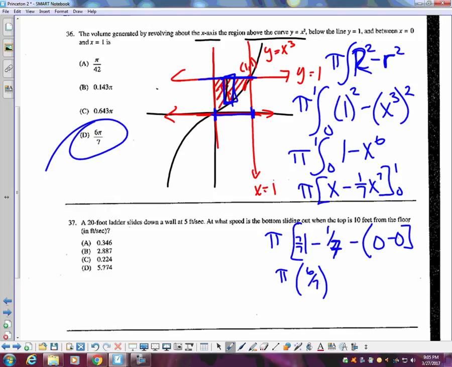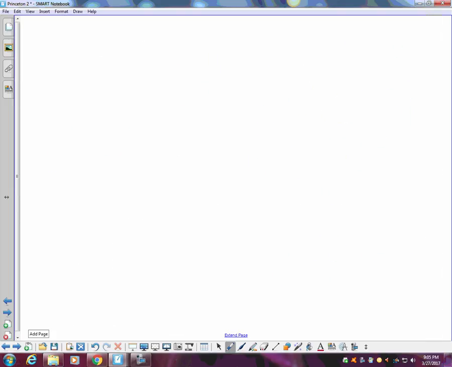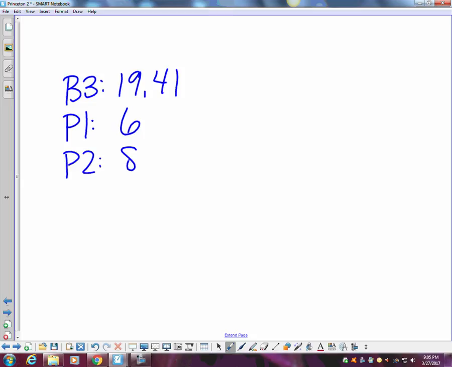So now to give you your homework for volume, you've got Barron's 3, 19 and 41, Princeton 1, 6, Princeton 2, 8, Princeton 3, 22, and extra 20.